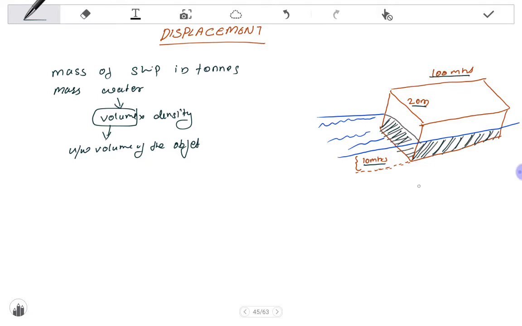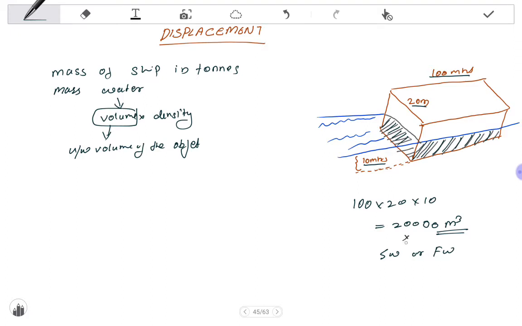The underwater volume of the vessel will be 100 meters times 20 times 10, that would be 20,000 cubic meters.